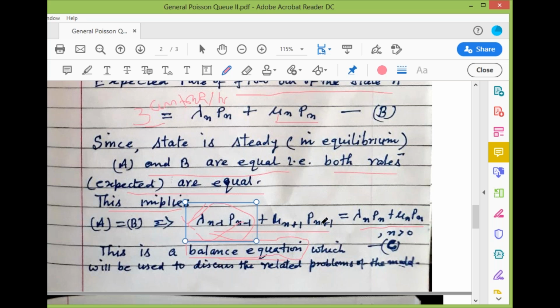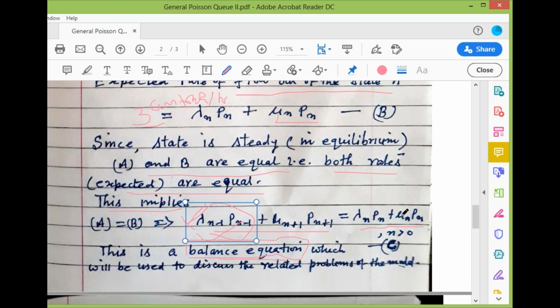For n equal to 0, we have mu1 and P1. On the left, n equal to 0, lambda naught, P naught, and mu naught, P naught.